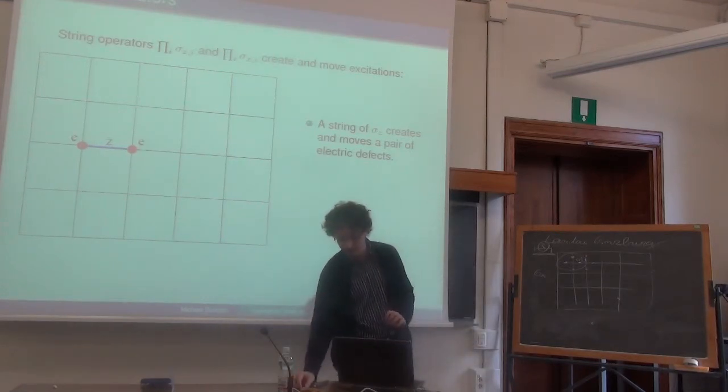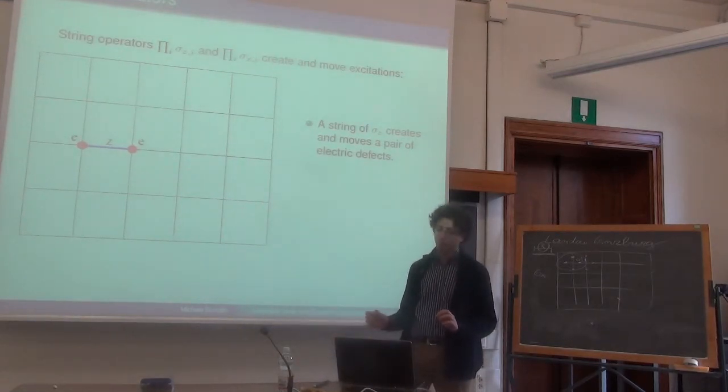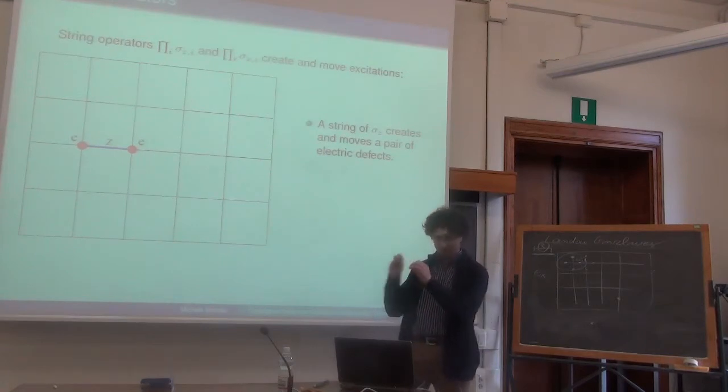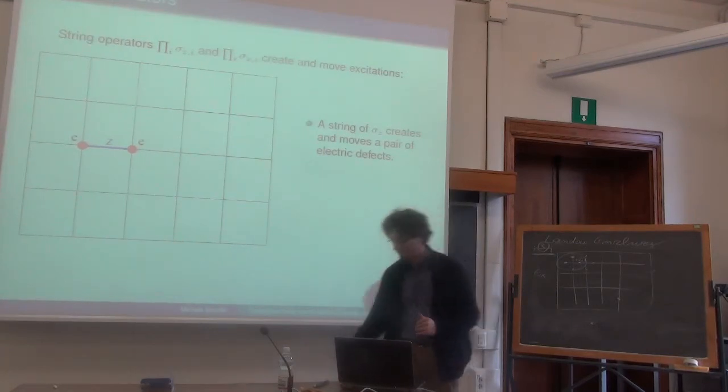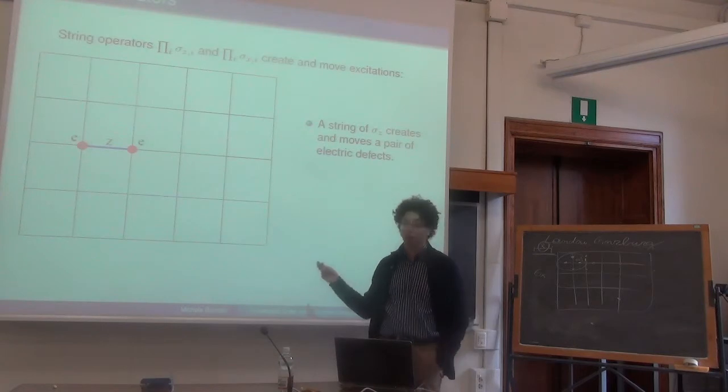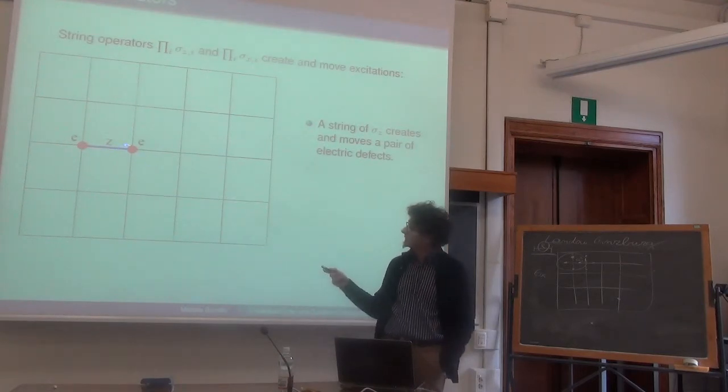But before going there, I would like to consider what happens when we apply strings of these operators Z or X. So we saw that if we start from one of the ground states and we apply a sigma z, we obtain 2 of these electric charges.